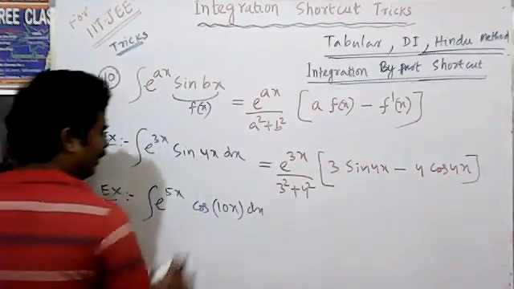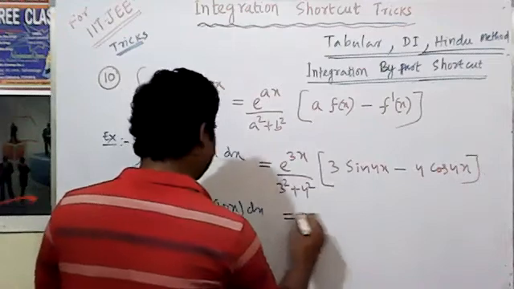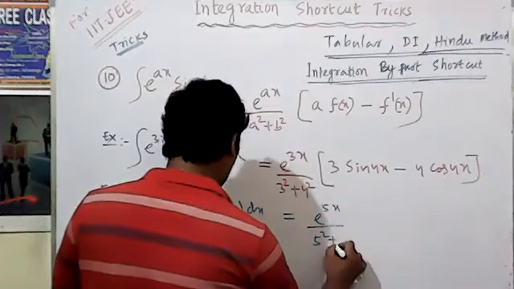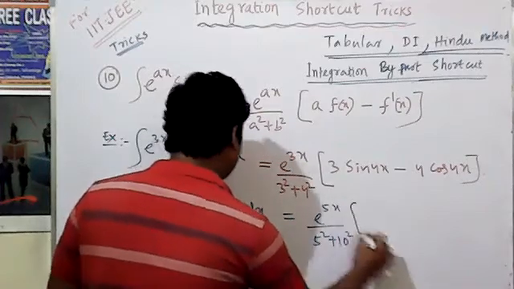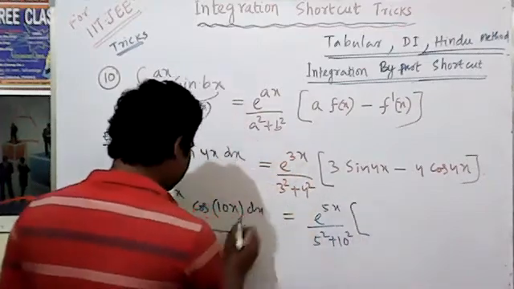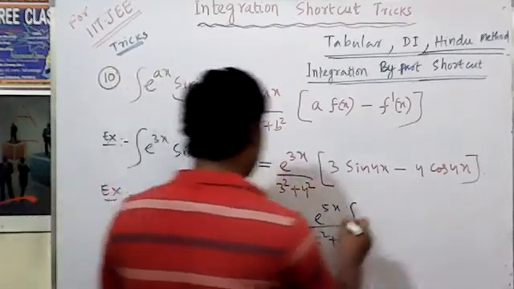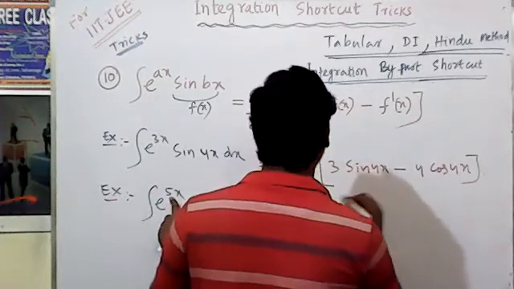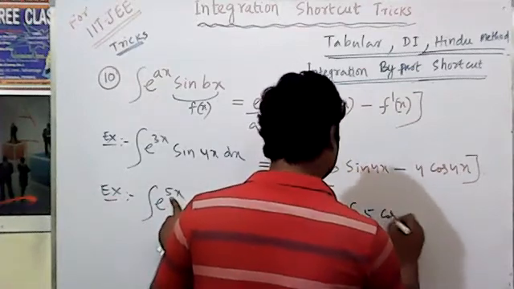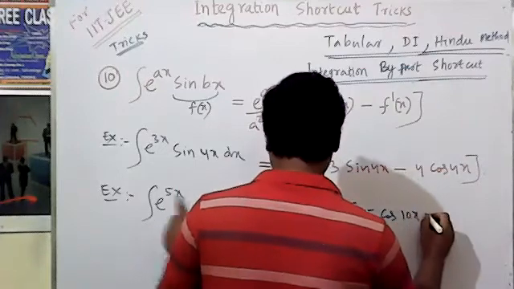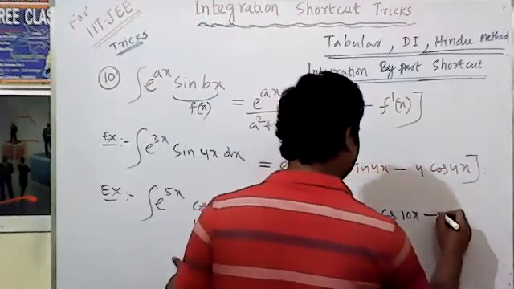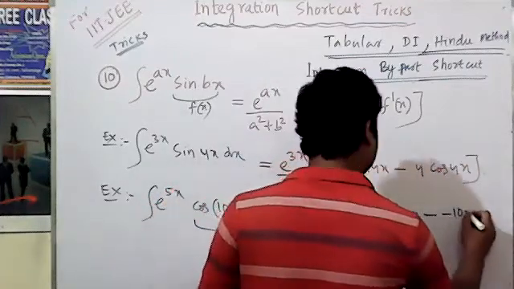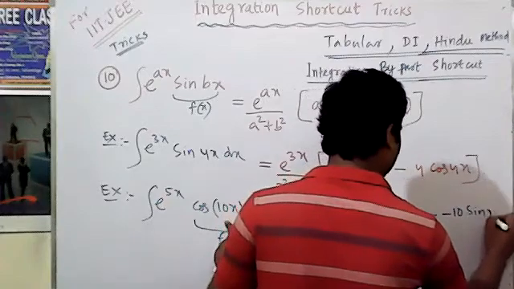Here the result is e to the power 5x by 5 square plus 10 square, times this f(x): a into f(x), that is 5 into cos 10x, minus the derivative of cos 10x, that is minus 10 sin 10x.